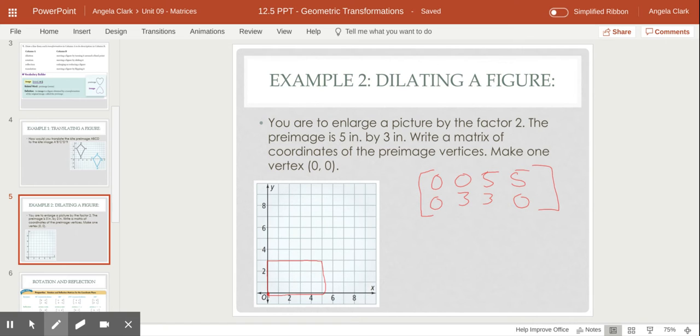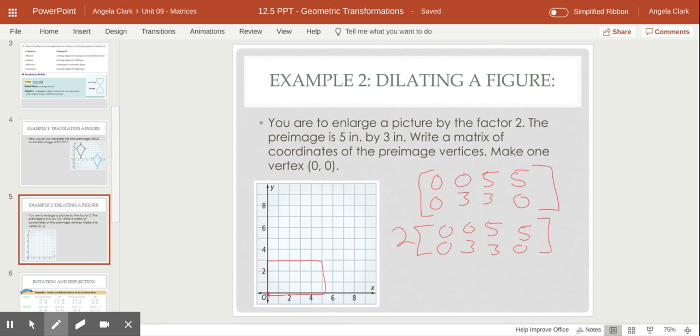But with matrices, we always multiply, so you can think of it as multiplying by 1/2. If it said reduce by a factor of 2, you just take the reciprocal and multiply by that. Okay, so we're just multiplying, so that's just going to be 2 times 0, 3, 5, 3, 5, 0.